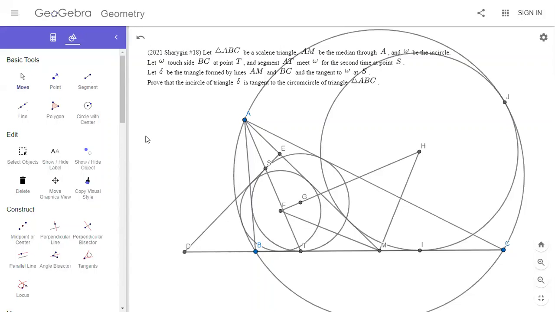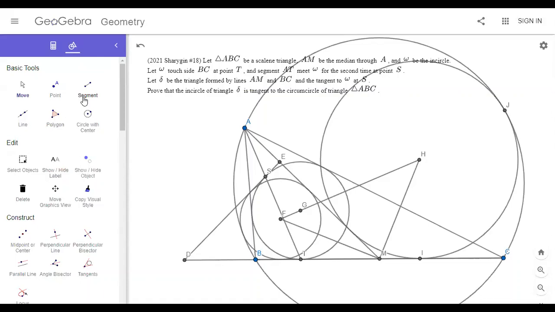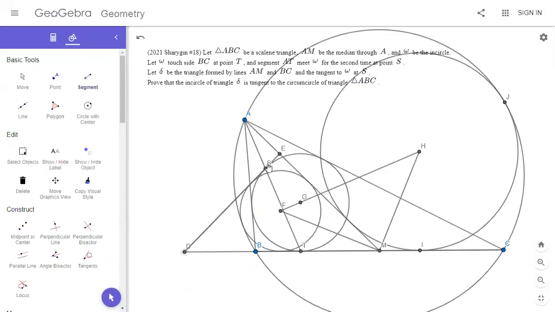So yeah, I'm trying to think of a way of rephrasing this problem. And we can show the tangent at S is the common tangent to all three circles.